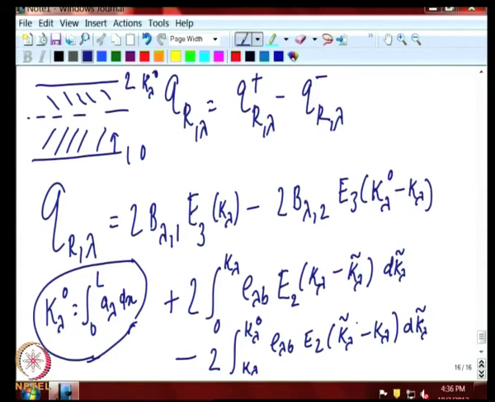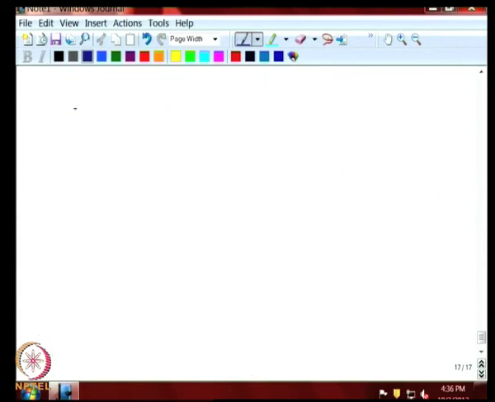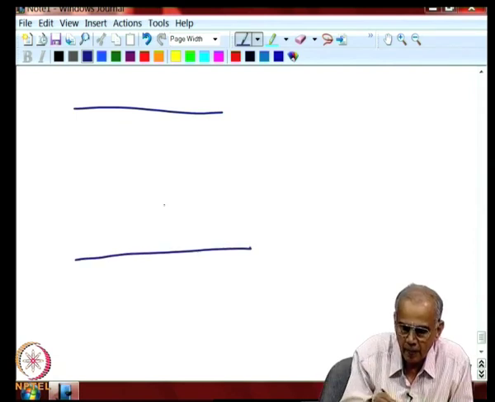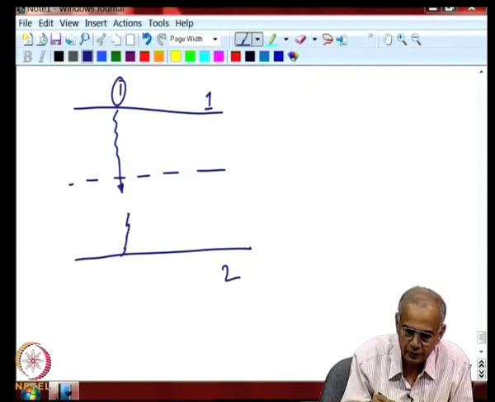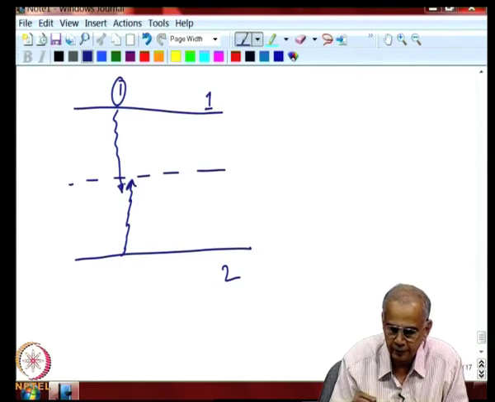So, let me show this schematically. So, this is one term, first term in the equation, surface 1, surface 2. Second term in the equation is from this surface coming here.